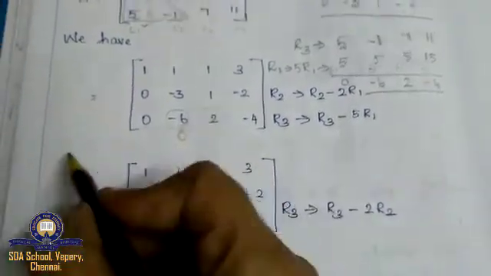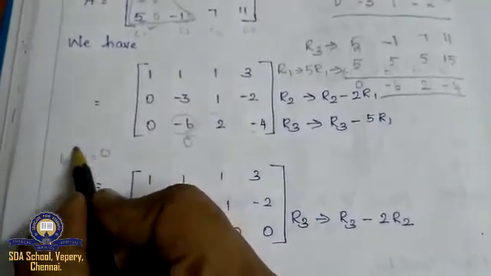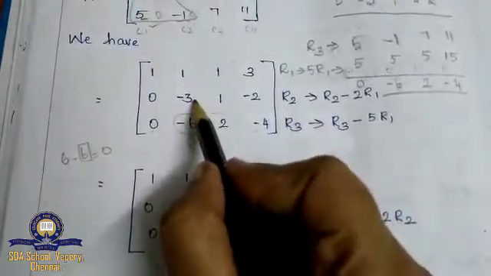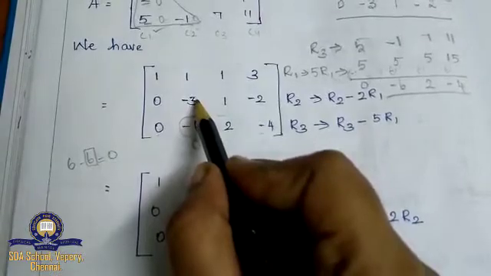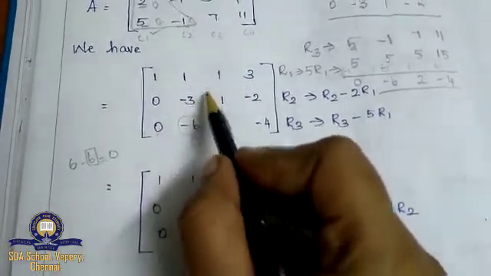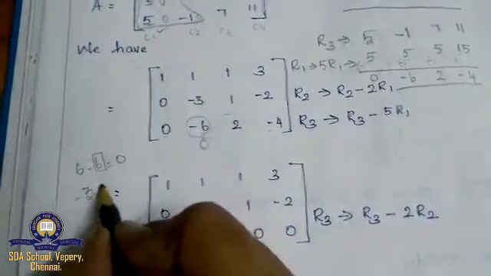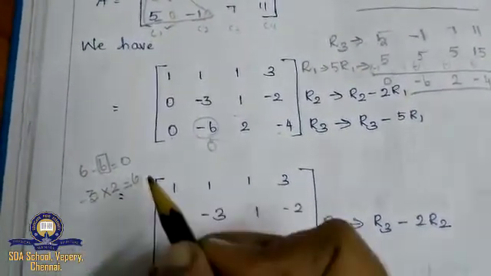The possibility is 6 minus 6 equal to 0. So I need to make some element as 6. In your second row, here it is 3. So if I multiply 3 with 2, I will get the value 6.